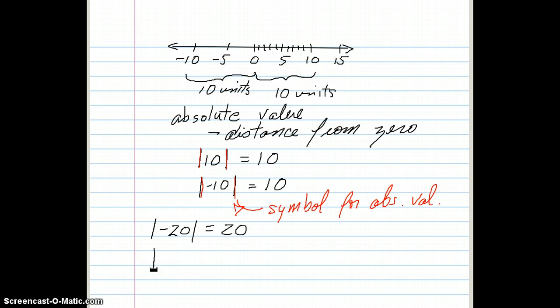The absolute value of 5, it's already positive, it's the distance of 5. Right? The absolute value of negative pi is equal to pi. So in absolute value, whatever number we put inside these absolute value bars will always come out positive.